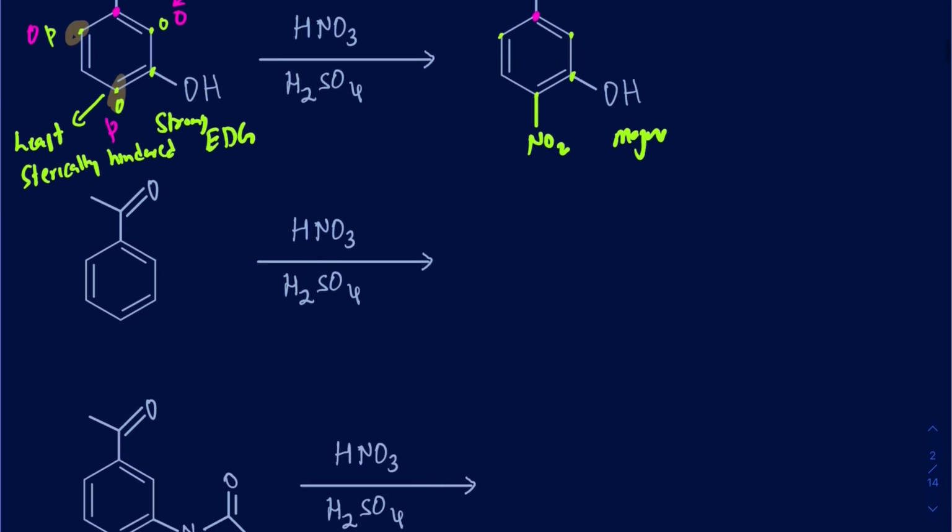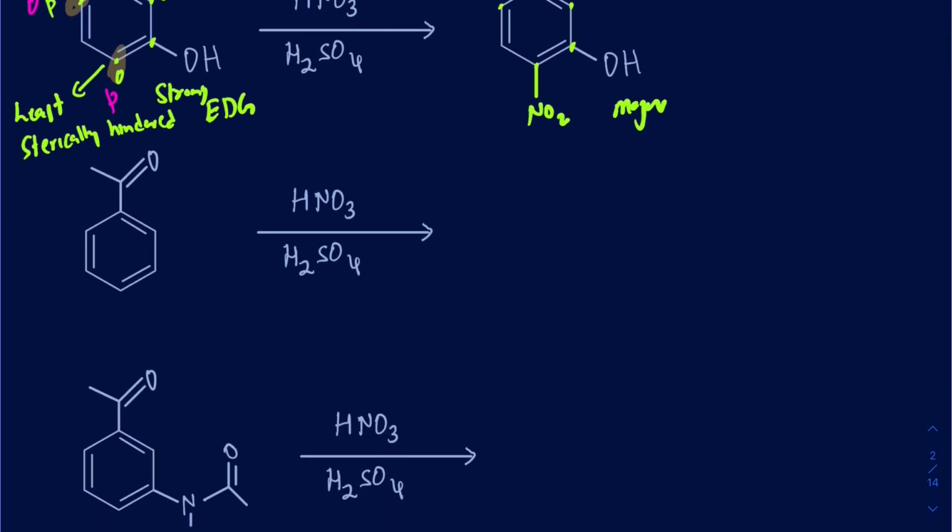Okay. What if you have an electron withdrawing group? So in this next example, I have a mild electron withdrawing group because there's a carbonyl carbon directly attached to the ring. So I know the electron withdrawing groups are going to place this NO2 group meta with respect to that. So these are your orthos, these are going to be your meta, and this is going to be your para.